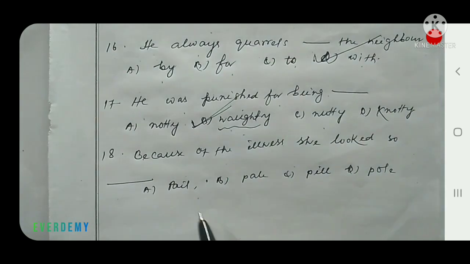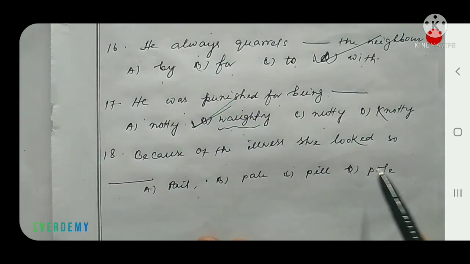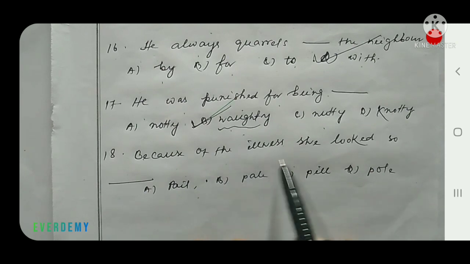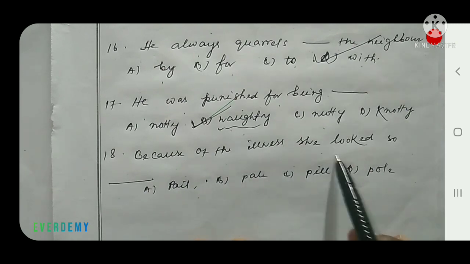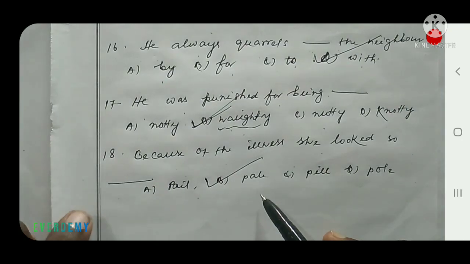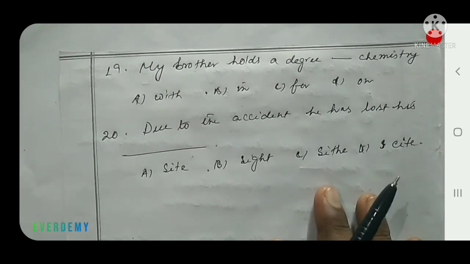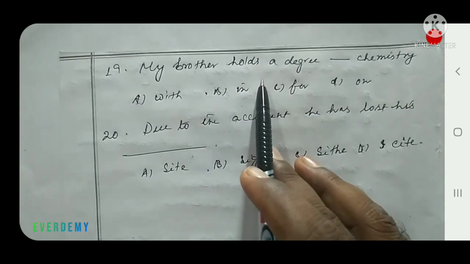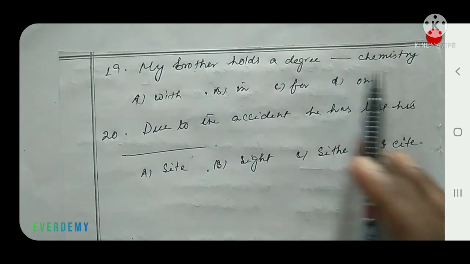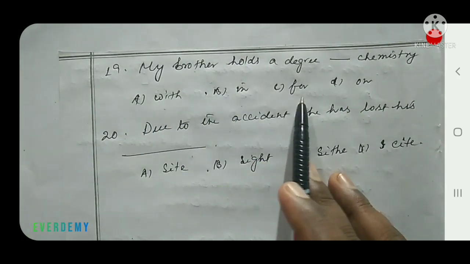Next, 18. Because of the illness, she looked so pale. B is the correct answer. P-A-L-E, pale. Next, 19. My brother holds a degree in chemistry, with the options in, for, on.